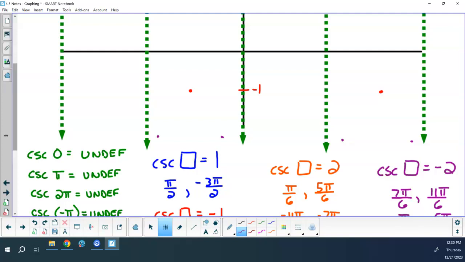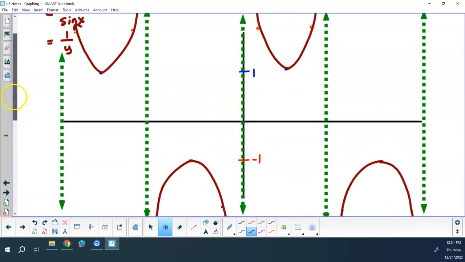Do we have enough for zones 2 and 4? Yeah. What shape are those going to be? Parabolas, but opening down. Yeah, upside down parabolas. So here is your cosecant graph.